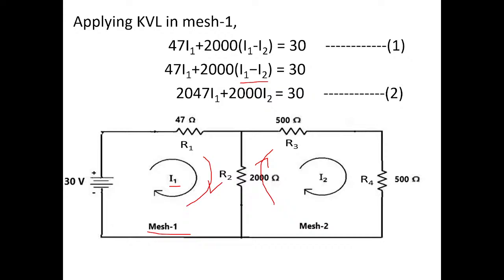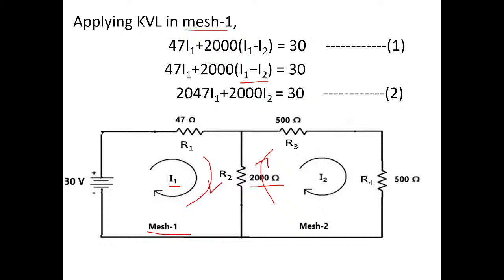Since we are applying KVL to mesh 1, the voltage is R into I. R is 2000, and the I value is the difference of I1 and I2.